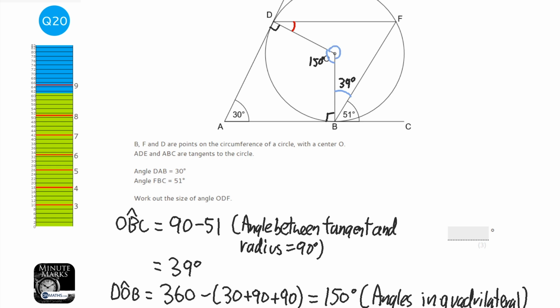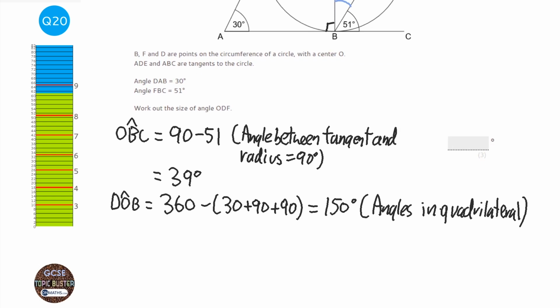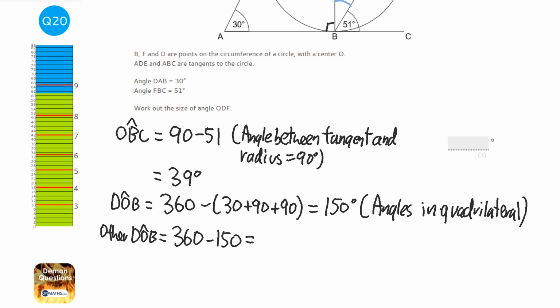It's very difficult to know what to call this angle because we've already called DOB once. So we could call this other DOB. Let's go for that. Other DOB equals 360 minus 150. And the reason for that is just angles on a point. So that's 210 degrees, angles on a point.